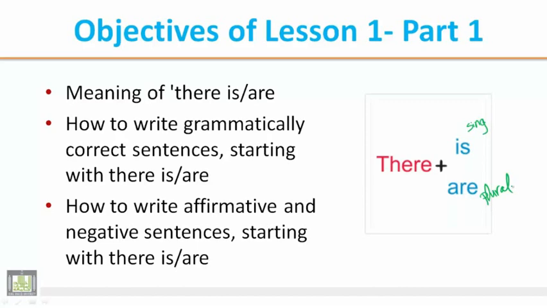Okay, and in Arabic we say that there is or there are has the meaning of هناك أو ثمة. Let's start talking about how we can refer to these pictures. كيف يمكن أن نشير إلى هذه الصور ونعبر عن هذه الصور باستخدام there is or there are.